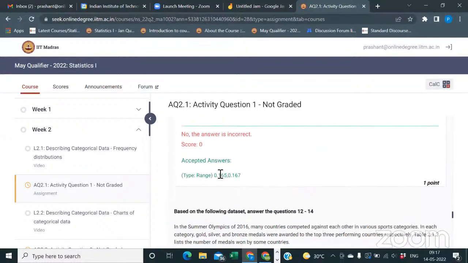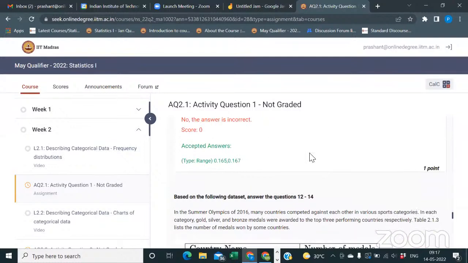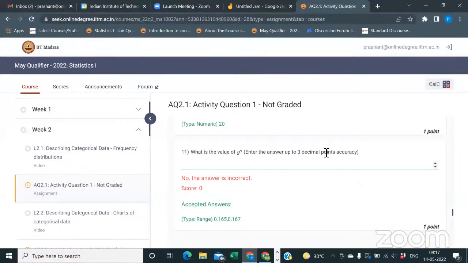Type range means if you enter any value between these two, your answer will be correct. The answer is incorrect, score 0. You entered 1.6, that's a mistake.